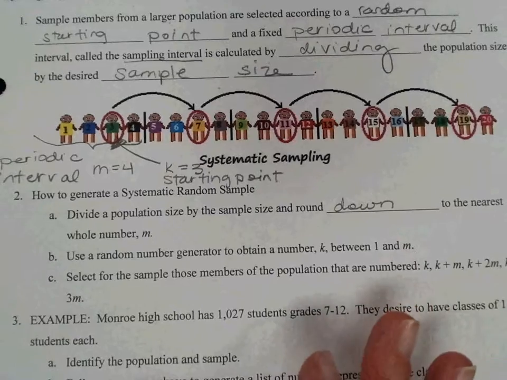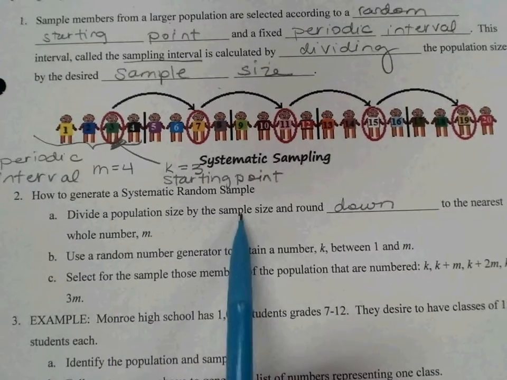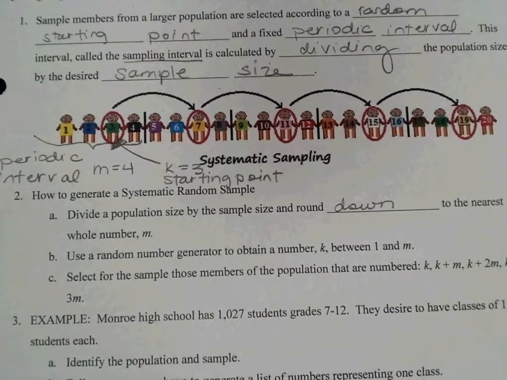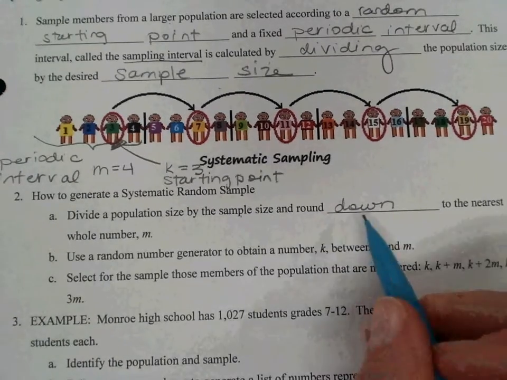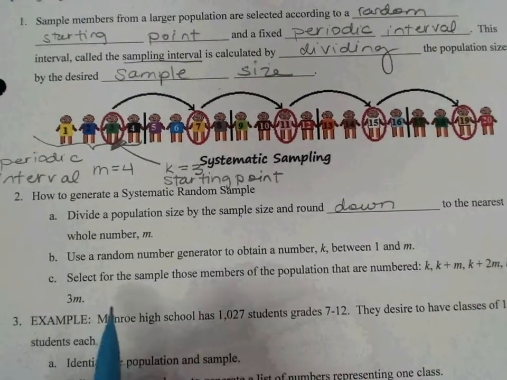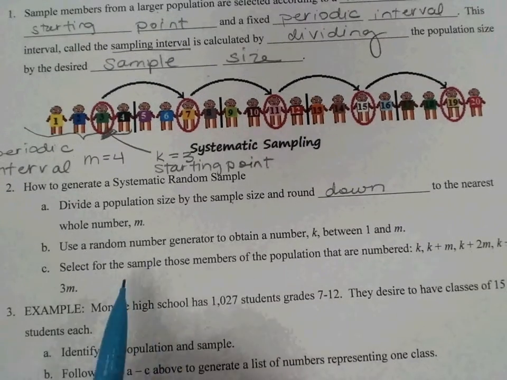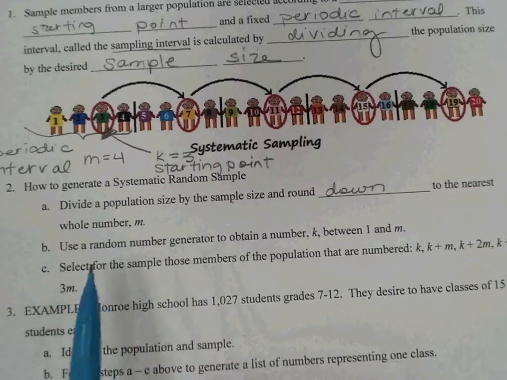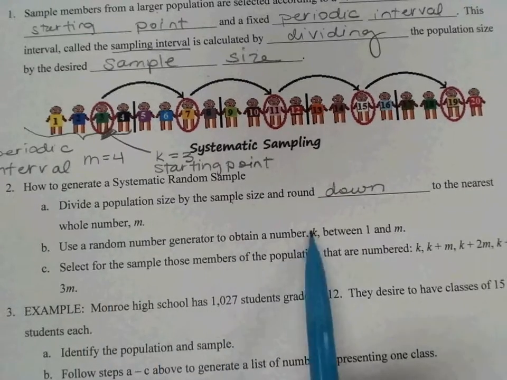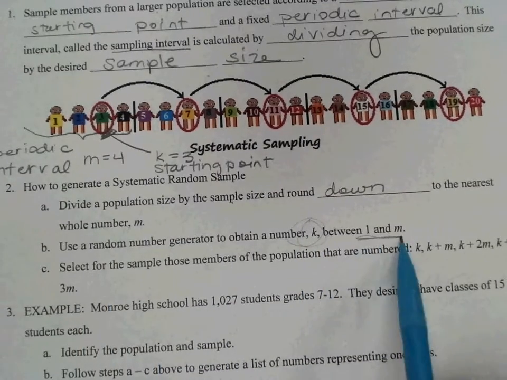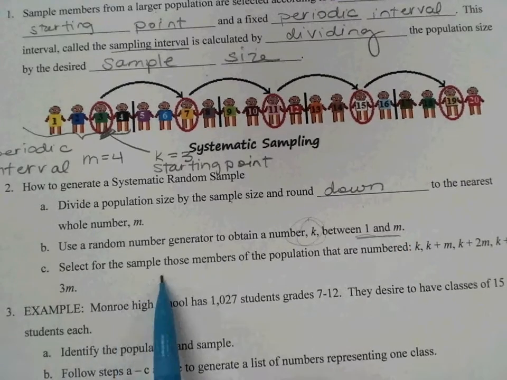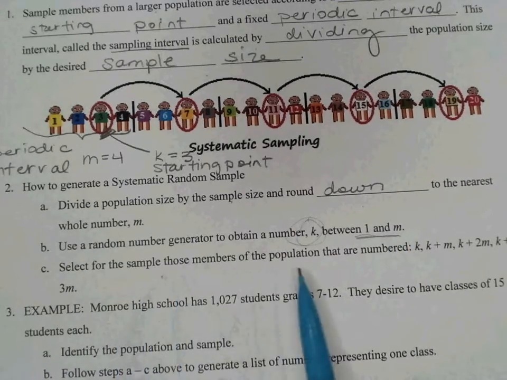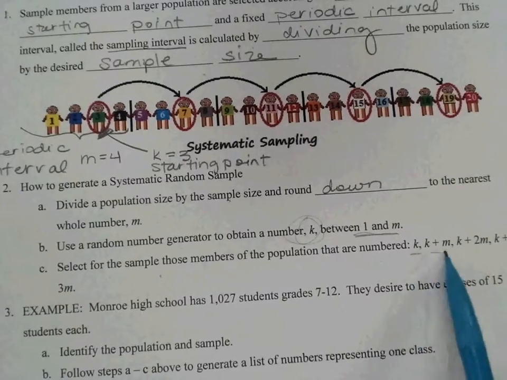So then, to generate a systematic random sample, you divide the population size by your sample size, and you round down to the nearest whole number, M. Then you use a random number generator to obtain that K value that's between 1 and M. And then you select for the sample all of those members of the population that are K, K plus M, K plus 2M.